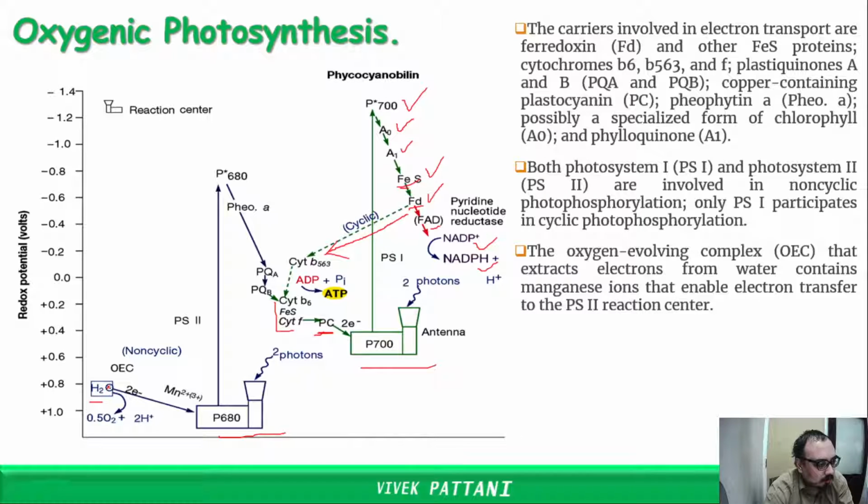With the help of water molecules and the OEC, meaning oxygen evolving complex, photosystem 2 is a non-cyclic process, where P680 gets excited and electrons are passed on to P015A, then plastoquinones A and B, and then enter the cyclic system of photosystem 1.